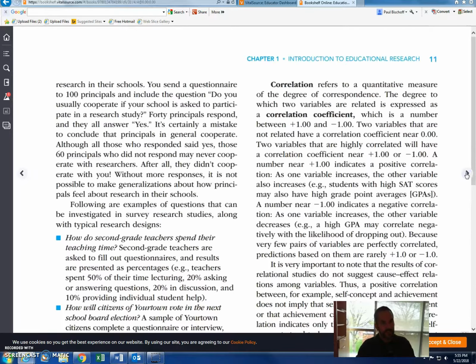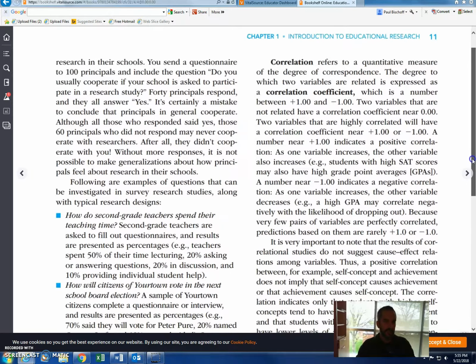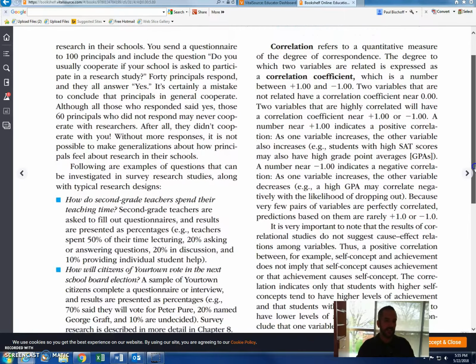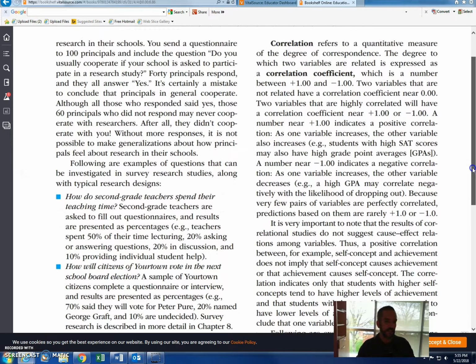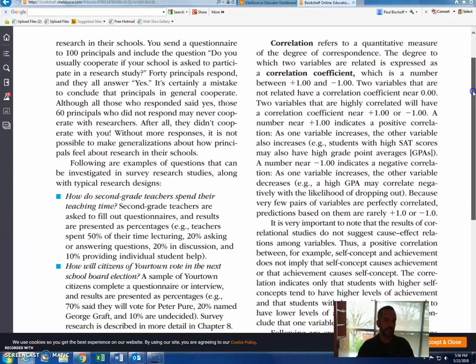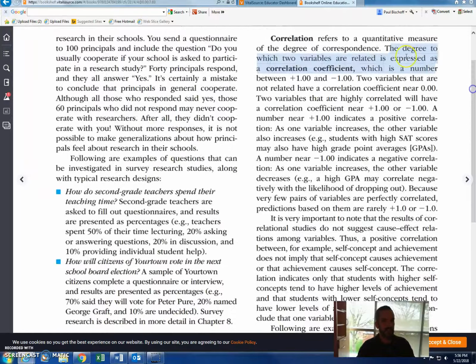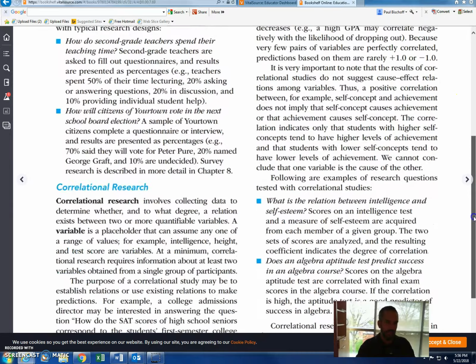So chapter 1 is a good chapter to read, and the fact is that in a summer course or in any course, we won't be able to get through all of the material in every chapter. But I've taught this course many years, and I hate to have you not read chapter 1 and try to get a good sense of, okay, what's correlational research like? What's it supposed to do?